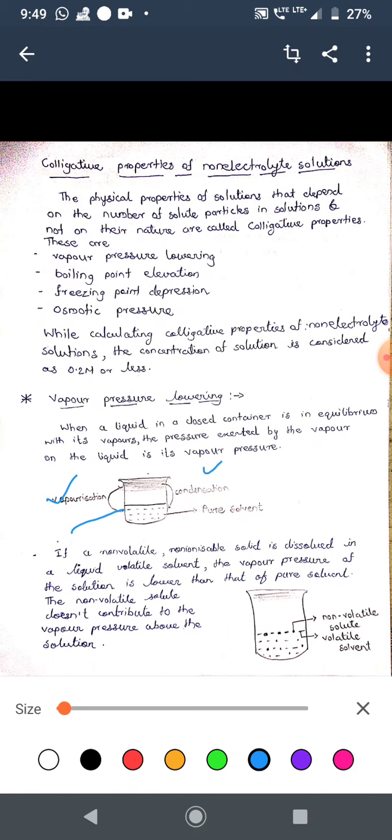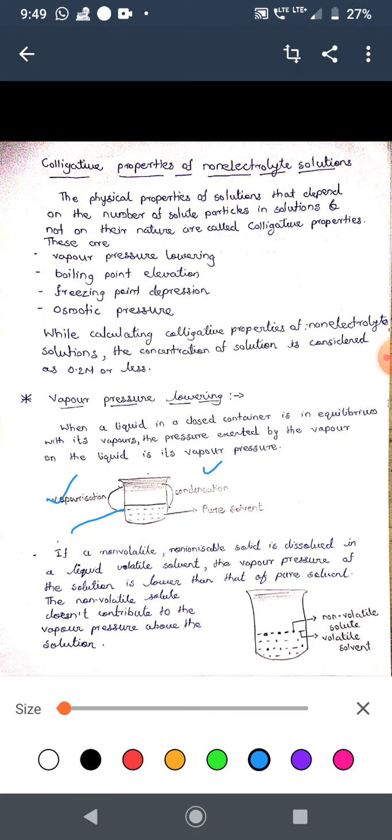But as time progresses, the amount of vapor in the beaker also increases, and slowly both processes take place at about the same rate. When vaporization and condensation take place at the same rate, we say that equilibrium is achieved.